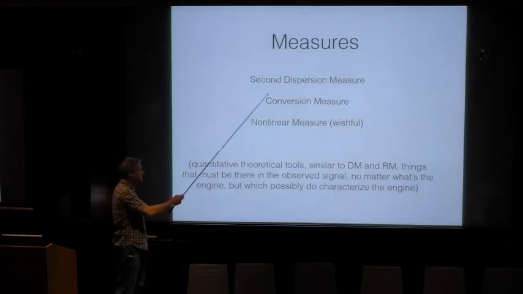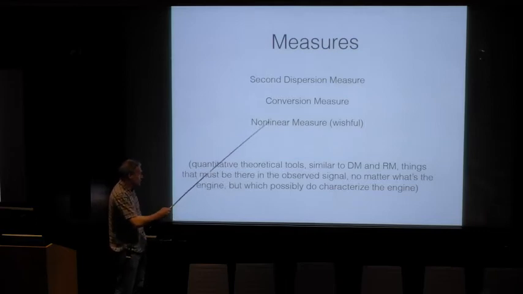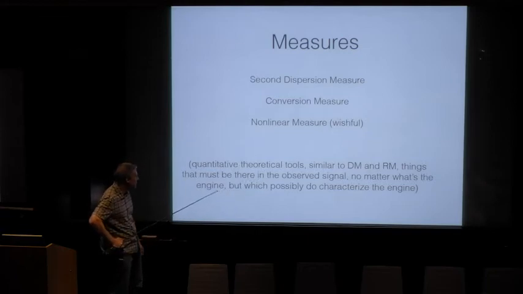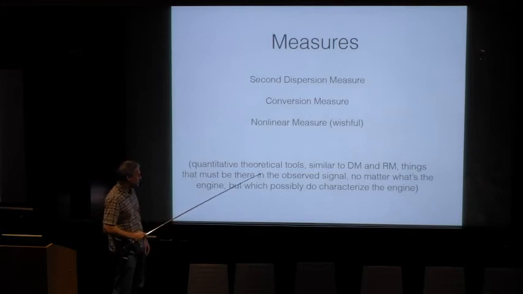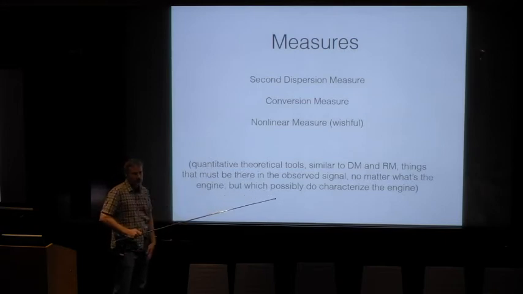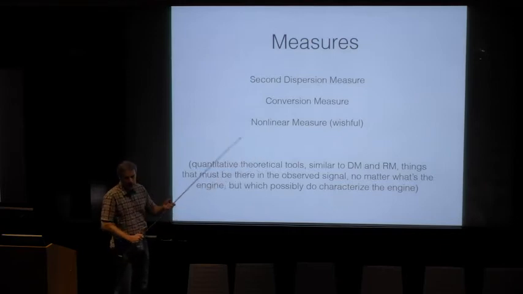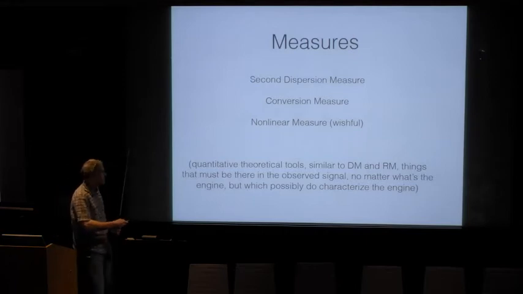Since those are higher order measures, even though they are present in the signal, hopefully no matter what the engine is, as we move to these higher order measures, higher order just in the sense of Taylor expansion, if we can measure those, we are moving closer to the engine, and perhaps we will learn something about it.